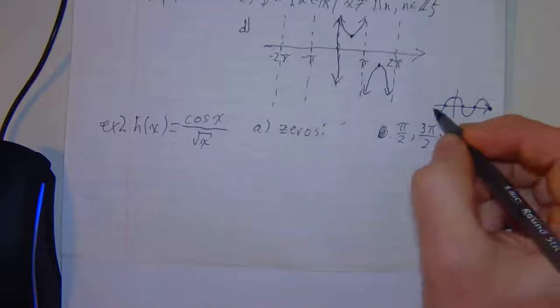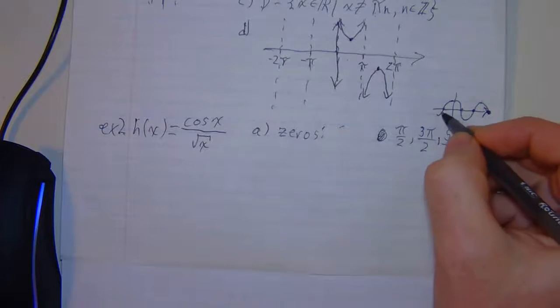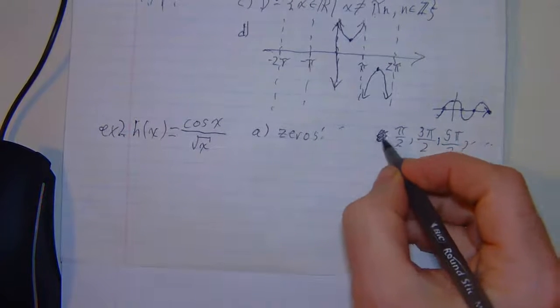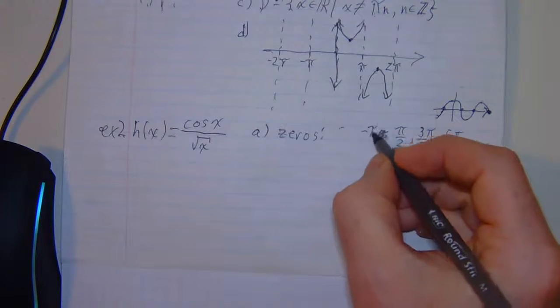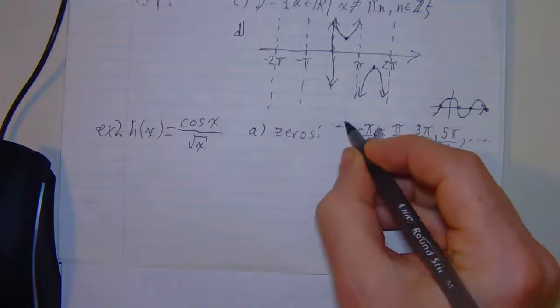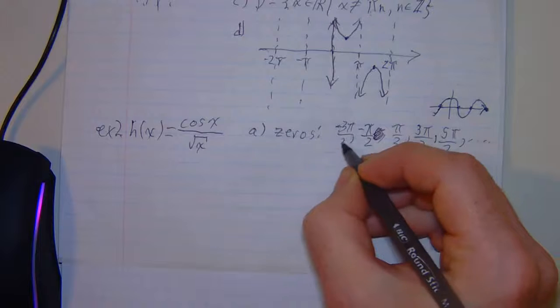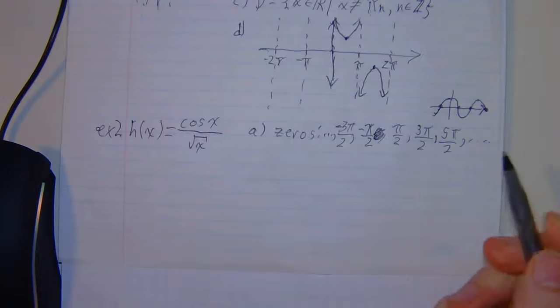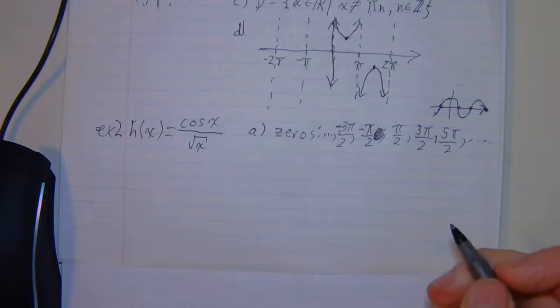Cosine is an even function, so it mirror images on both sides of the y-axis. And so we're going to be at, I'm sorry for writing the 0 in there, negative pi by 2, negative 3 pi by 2, etc. So you can see it's basically all the odd multiples of pi by 2.